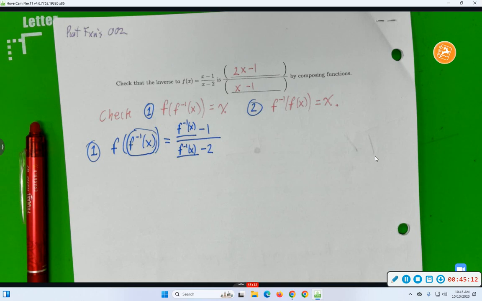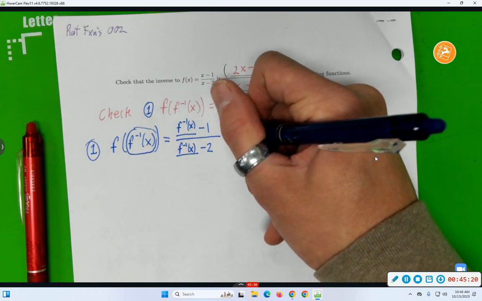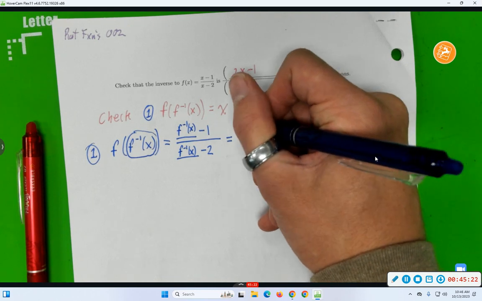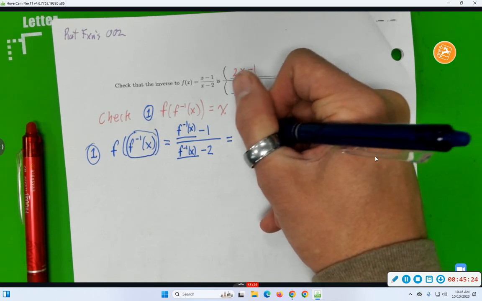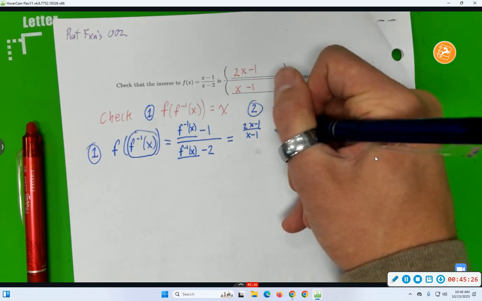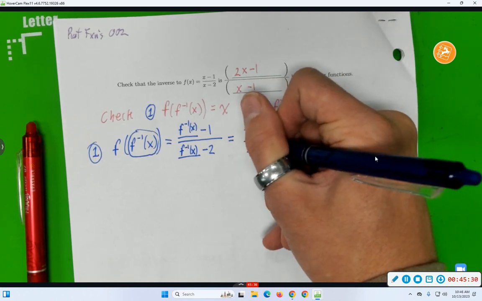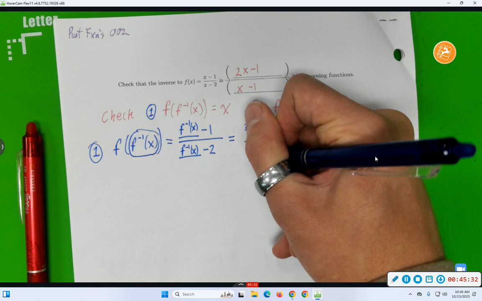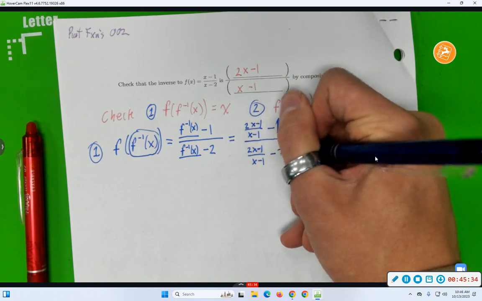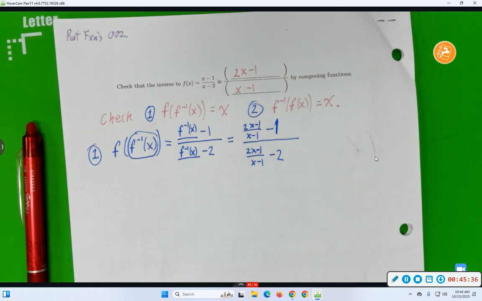Do I also already have a formula for f inverse of x? Sure do. Let's use that. This is the same as 2x minus 1 over x minus 1, minus 1, all over 2x minus 1 over x minus 1, minus 2. Did I plug those in correctly?